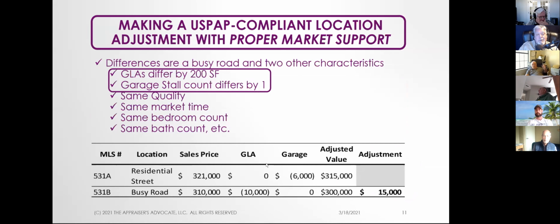But when you kick out the difference in GLA and garage, the only difference remaining is the difference in residential street versus busy road. And you get the adjustment here of about $15,000. Okay, that's perfectly acceptable, assuming you can get the data, which is probably its biggest weakness. Assuming you can get the data, that may not be possible.